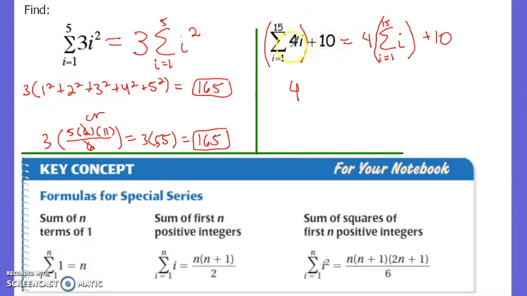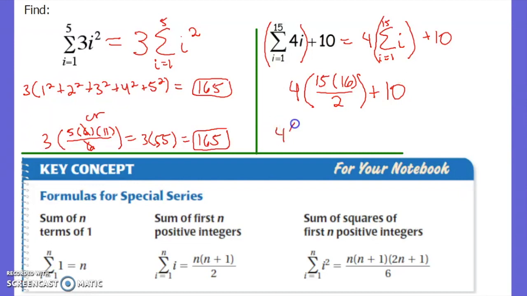But since it's not in the summation, it's only in there 1 time. So let's use our formula from the middle down here. We have 15 terms, so n is 15, times 15 plus 1, so 16, divided by 2, note the 2 in the formula, and then we've got this plus 10 up here on the outside.